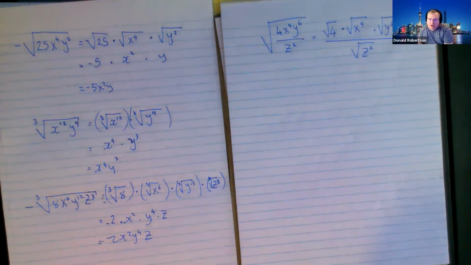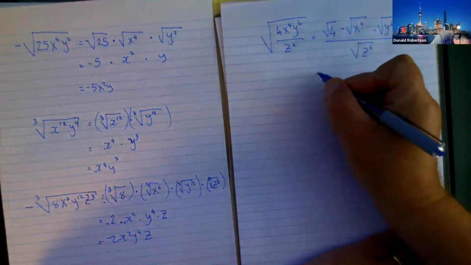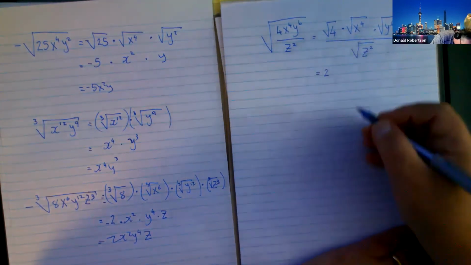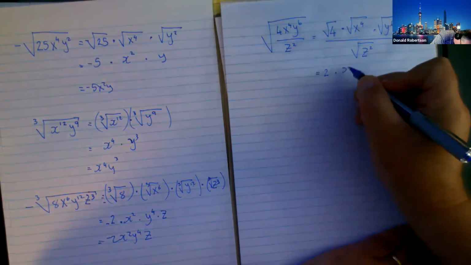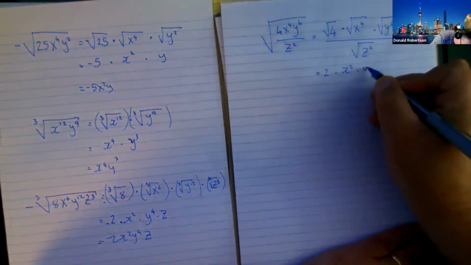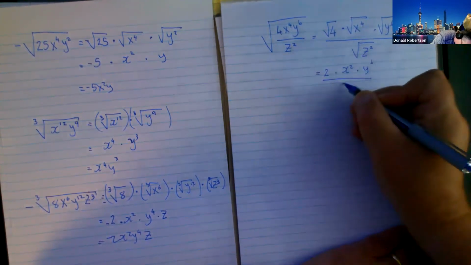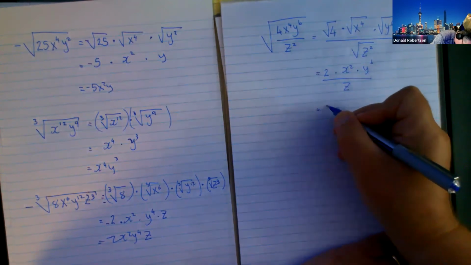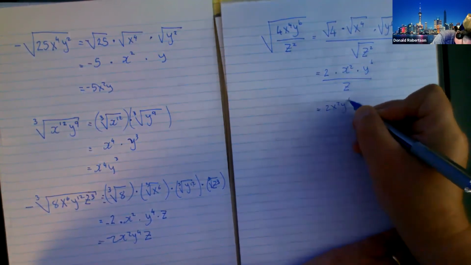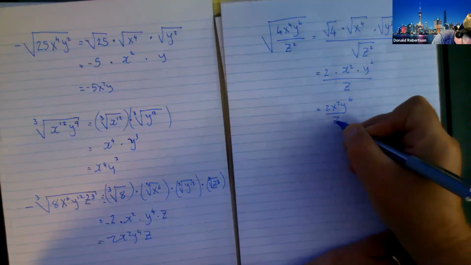So essentially, each piece gets treated separately. Well, that's a perfect number, that's 2. Perfect square, we call those. That guy is half the power. That guy is half the power. And that guy is half the power. And then you just call it 2x squared y to the 3 over z.